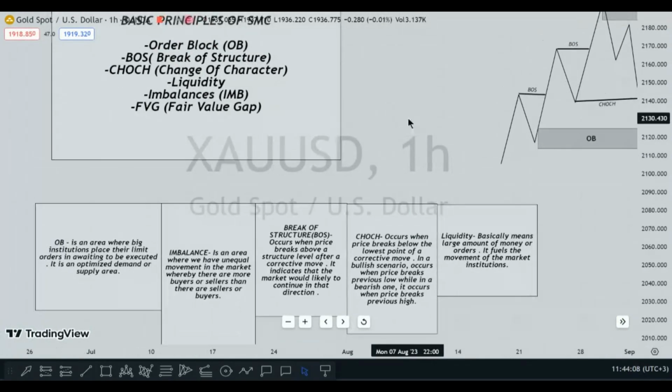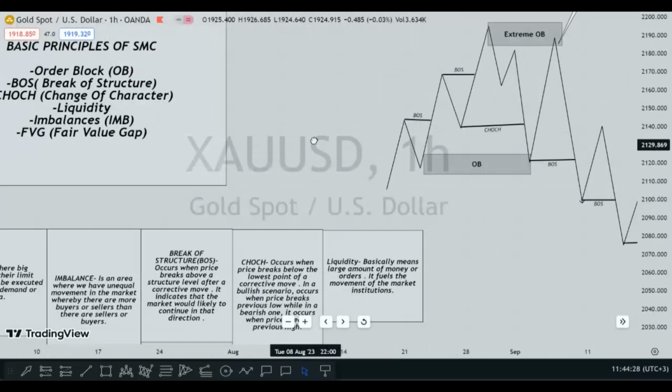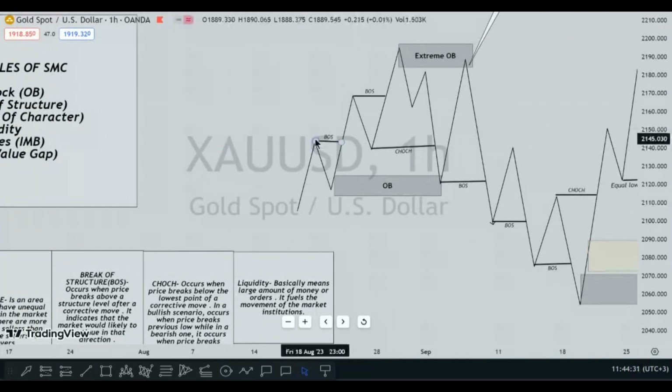Let's go to the second principle, BOS, the break of structure. A break of structure occurs when price breaks above a structure level after a corrective move. It indicates that the market will likely continue in that direction. So let me show you in this rough drawing of mine.